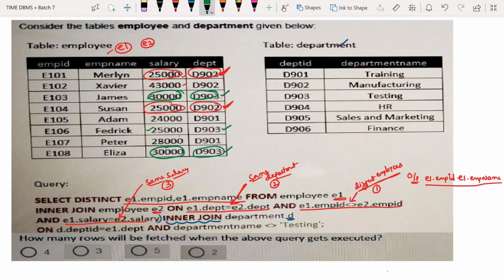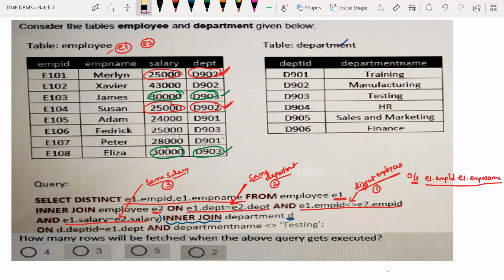Correct now? Right. Next, D901: two employees are there, but the salary is 24 and 28. Should not be selected. Now, which employees are selected? The output of this consists of only these four employees.